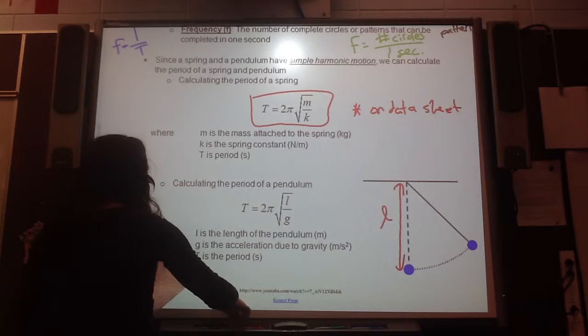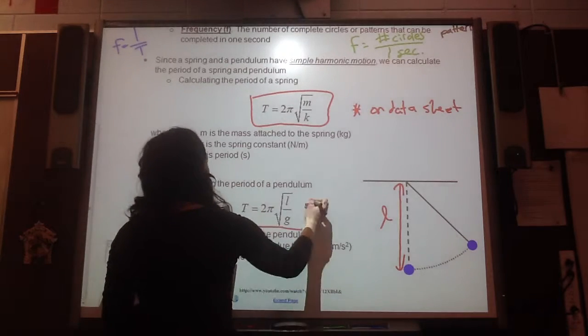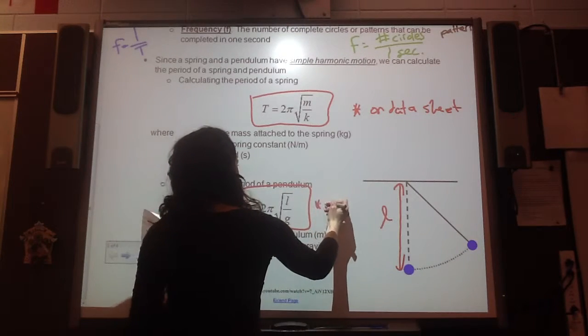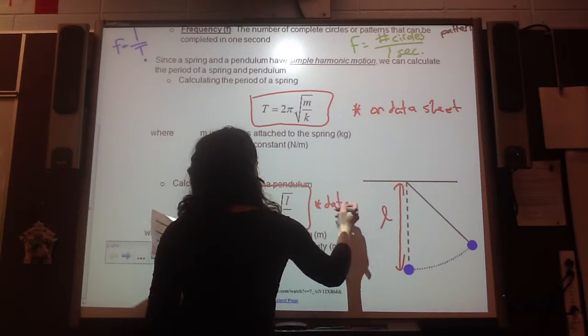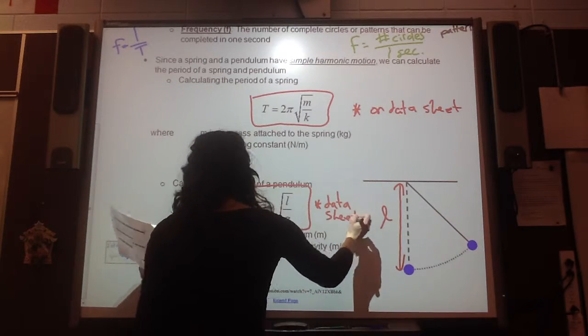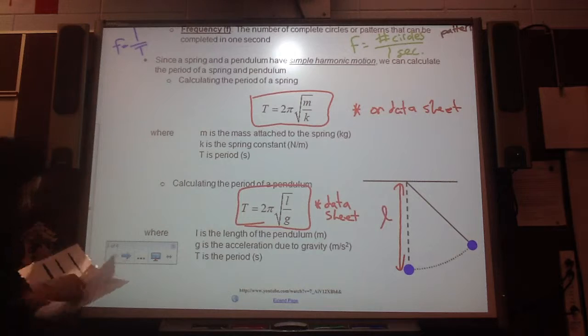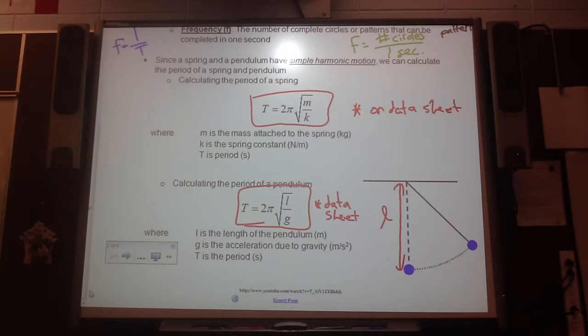And this is also on your data booklet, so find this one too. You'll note it there under the waves section. Okay, you can flip your page. And then we'll do the first example.